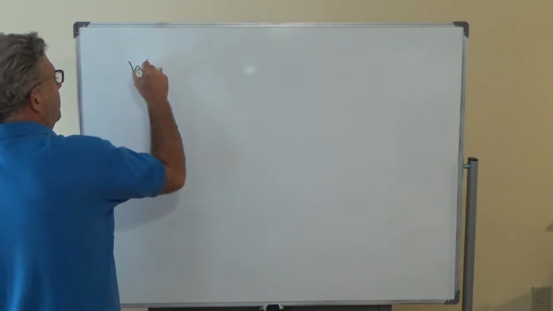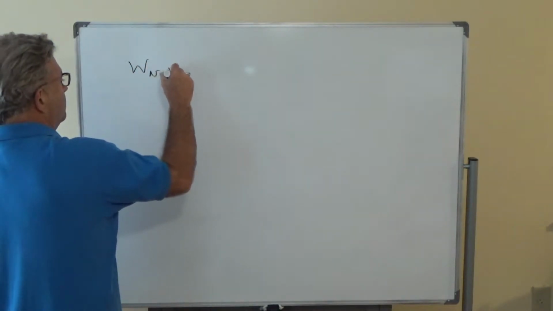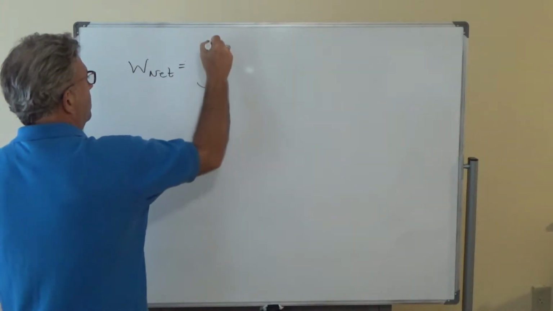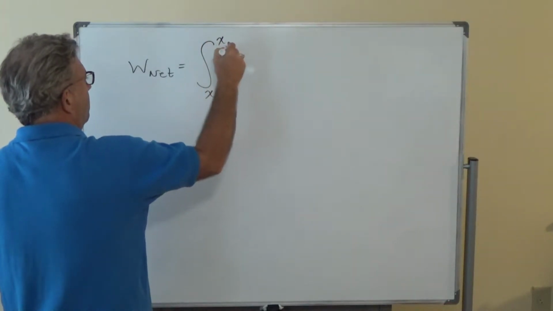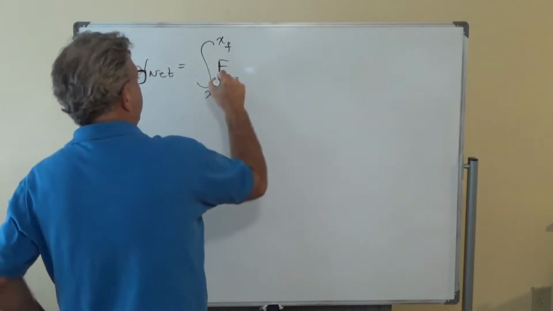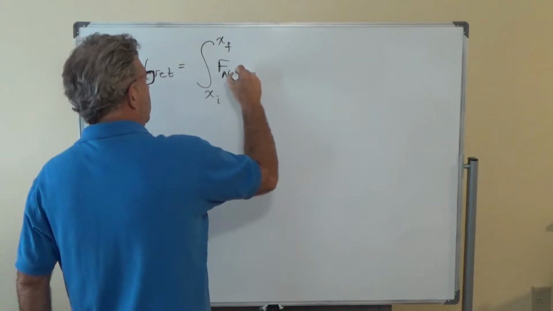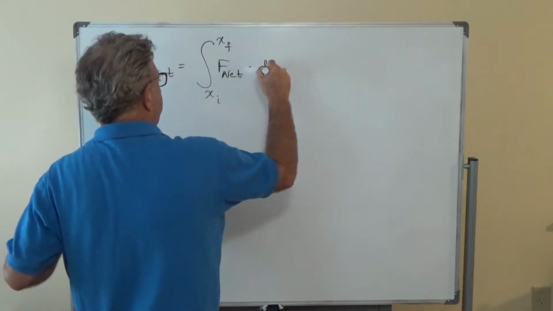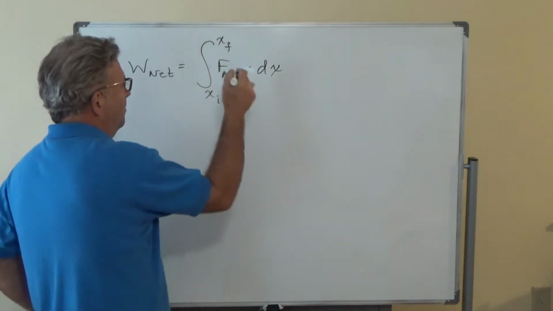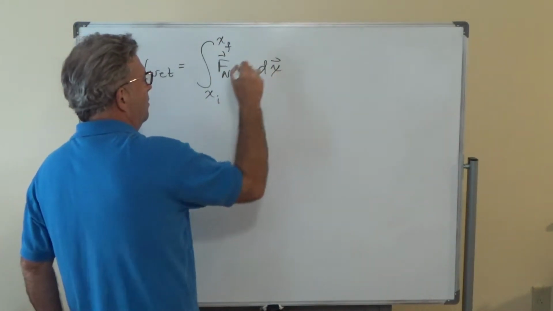So the net work on an object is equal to the integral from x initial to x final of the net force acting on an object dotted with dx. Okay? So let me write it like this.